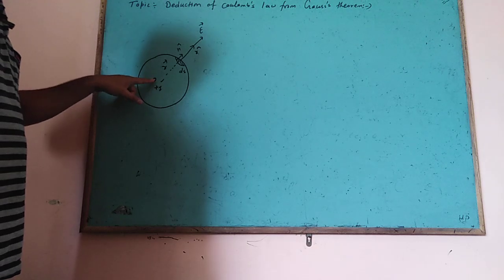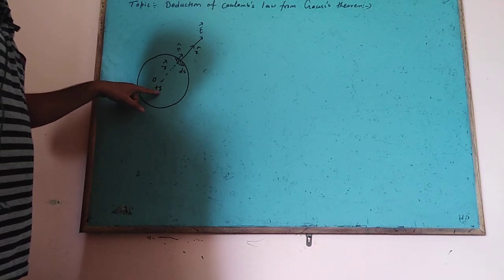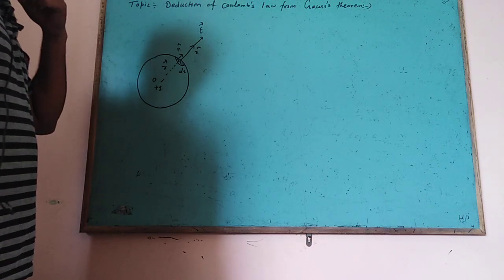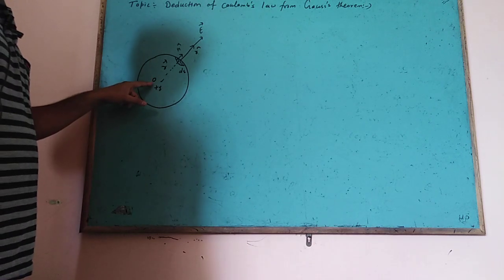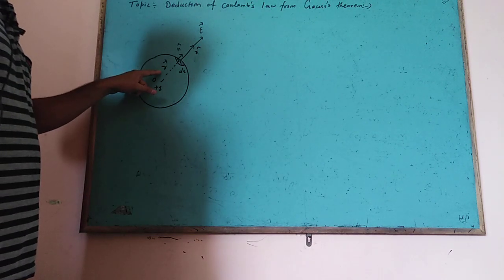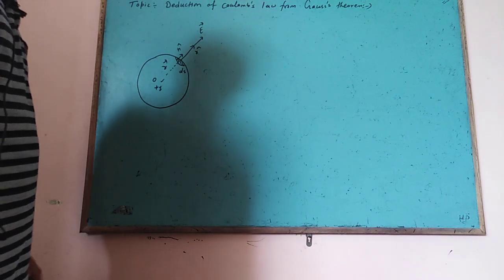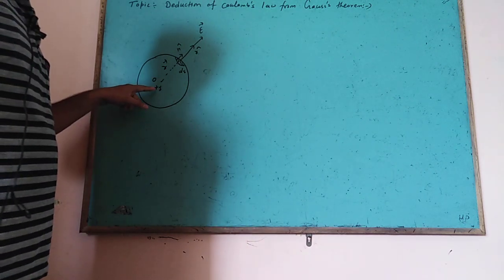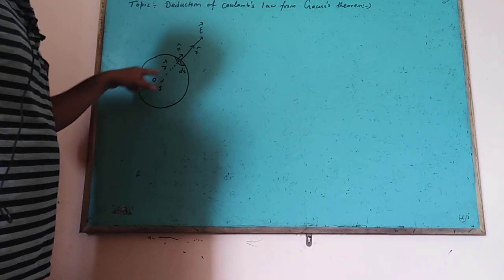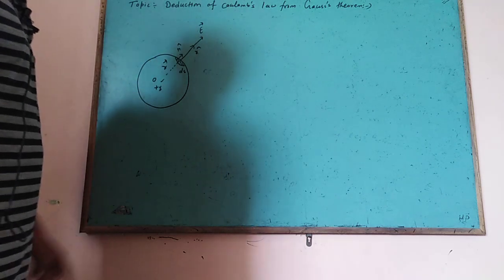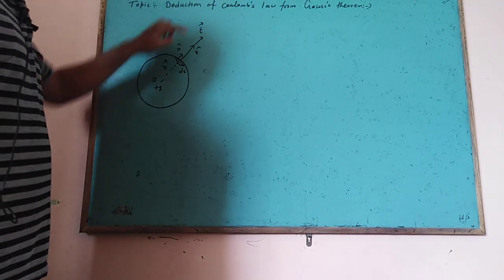Suppose an isolated +q charge is placed inside the sphere S at the center O, imagining a radius r of the sphere S. This charge also creates an electric field intensity in radially outward directions, represented by the E vector.